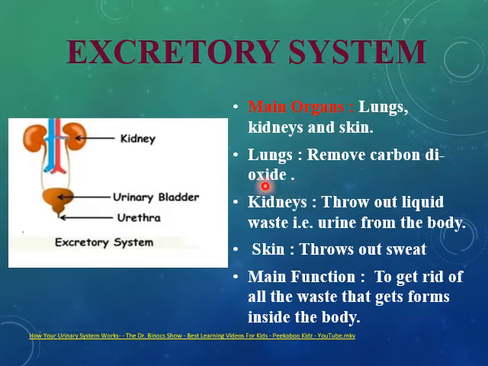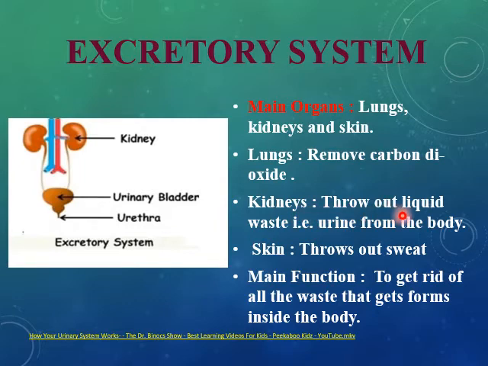Means the lungs throw out carbon dioxide during exhalation. When we breathe out the air, that time the carbon dioxide gas is thrown out of our body through the lungs. Then the next organ is kidneys.